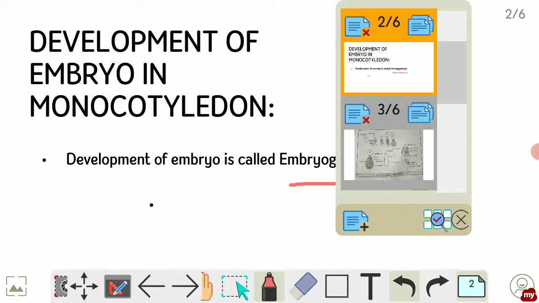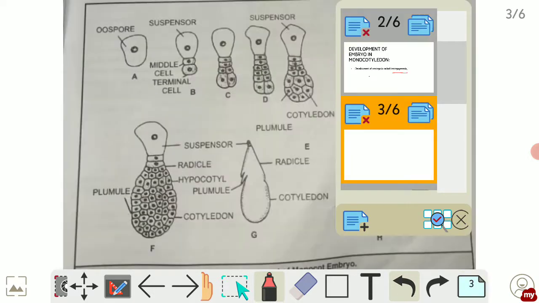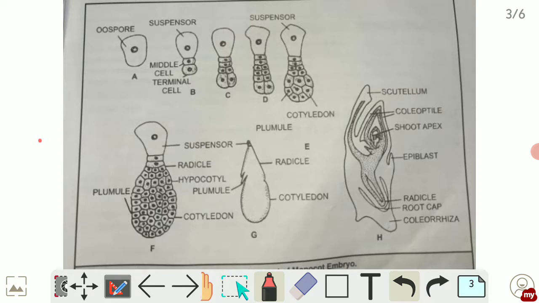First, we understand the figure, then I will tell you what to write in the exam. When the resting period is over, the oospore divides transversely and forms two cells. One is the basal cell, another is the terminal cell.